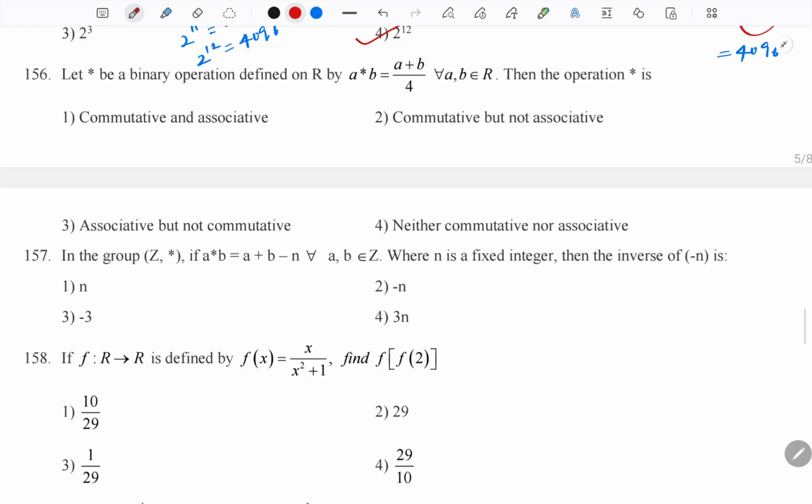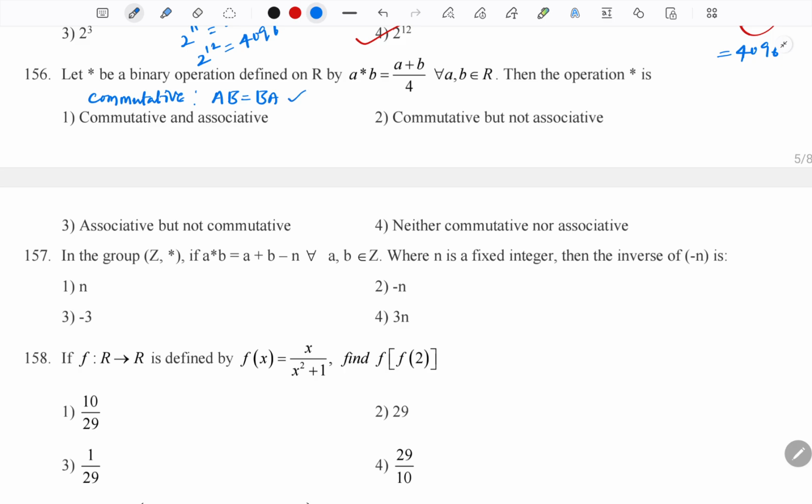Next, let star be the binary operation defined by one of the operations. Then which property will the operation star satisfy? You know, right? What is the commutative law first of all? Very simple. Commutative property means if AB equals BA, then we can say commutative.